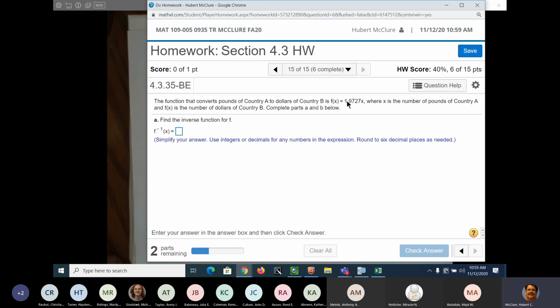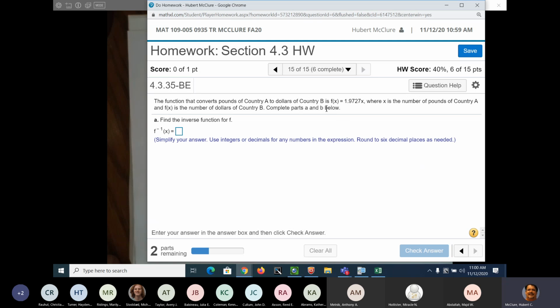Well, f of x is equal to, so that would be y is equal to 1.97 times x. So switch it. X is equal to 1.9.